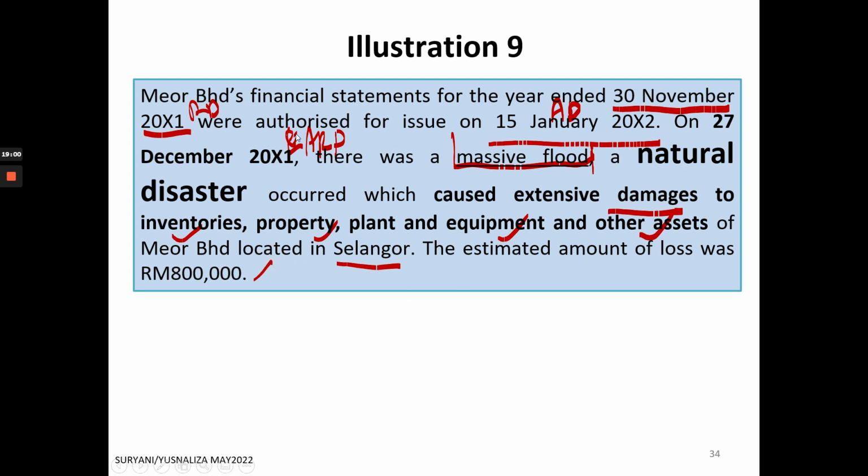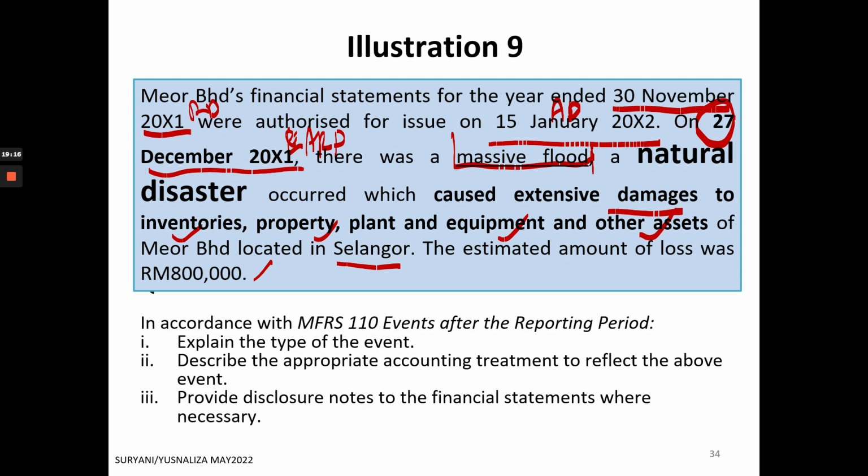Decision: the event took place before the date of authorization for issue, which is on 27th of December, and the authorization date is 15th of January. So this is an event after reporting period.